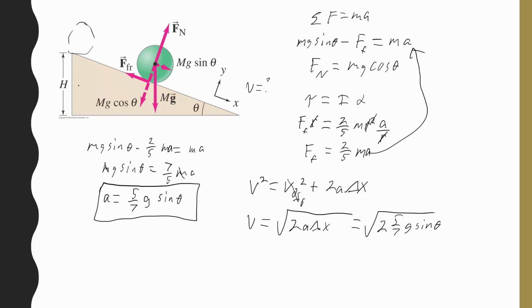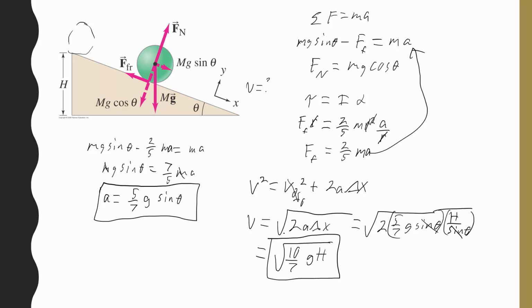Now delta x, if we think about this ramp here, there's our theta, this is the opposite side, and delta x is the hypotenuse, so it works out that delta x is h over sine theta, which is nice because these sine thetas will cancel out, and then we just have the square root of 10/7 times g times h, which once again is slower than it would be if it just slid down.